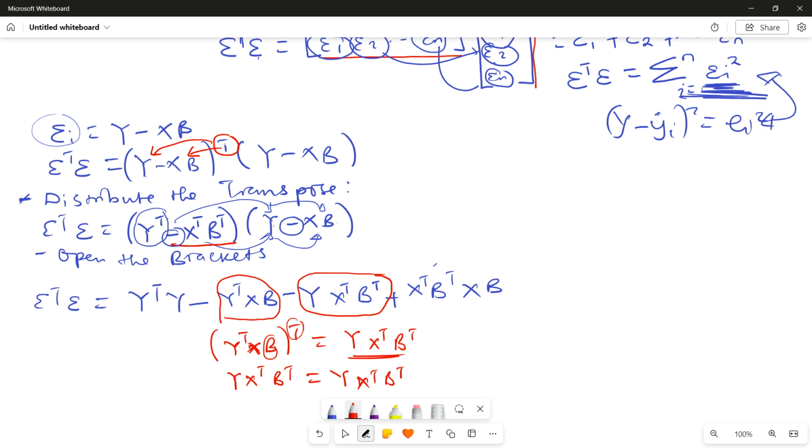So you see there is a relationship between A and B: they are just transpose of each other.